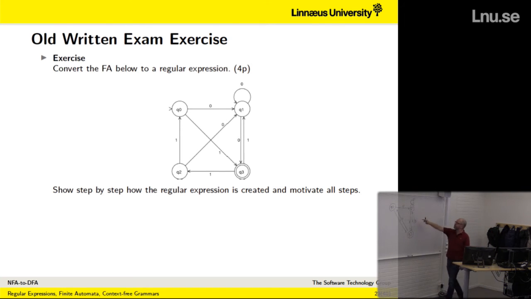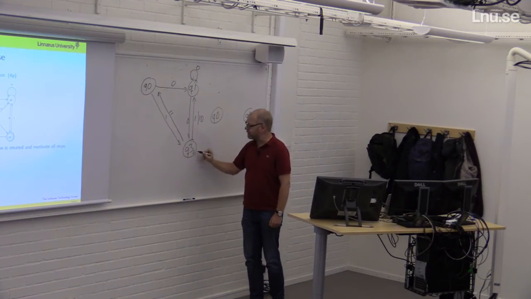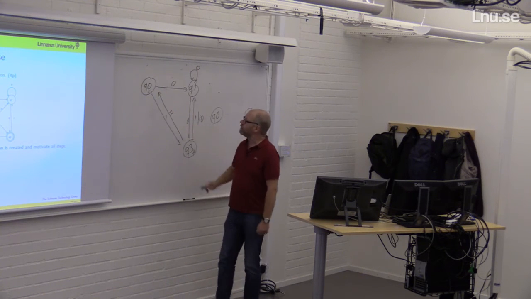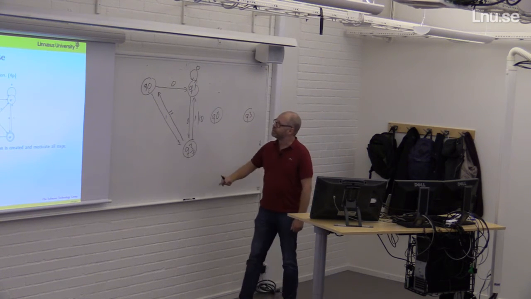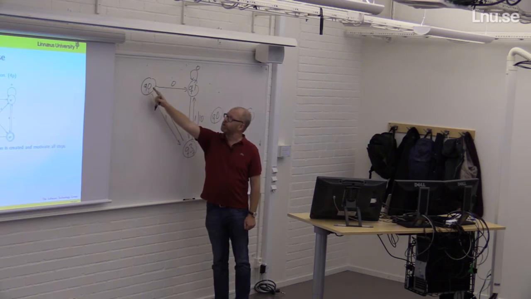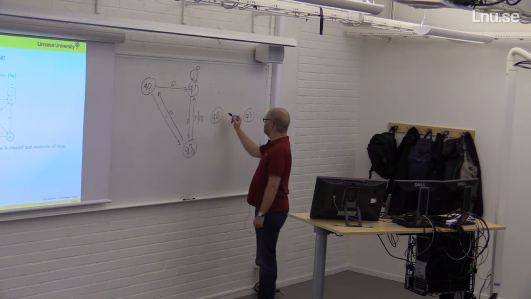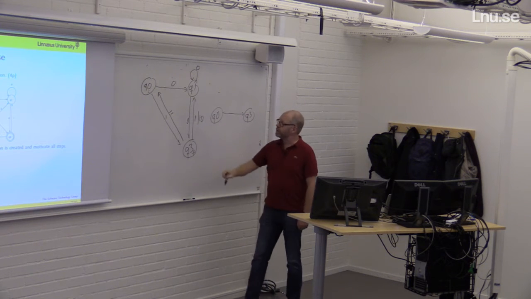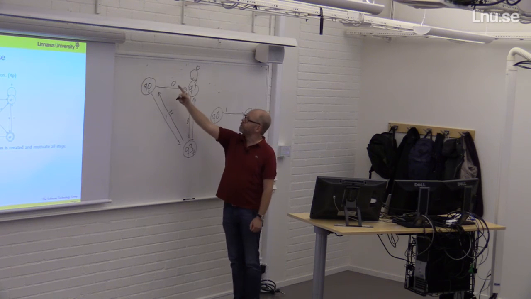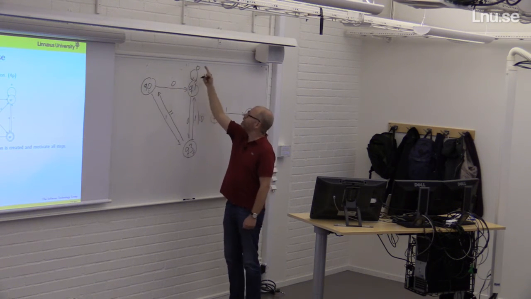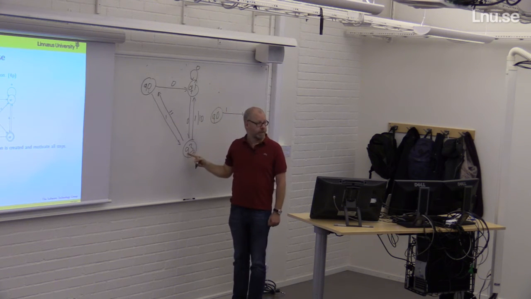The next one to remove is this one. Q0, Q3. This was the final state and this is the initial state. So we should remove all but the final and the initial state. You can go from Q0 to Q1 to Q3 by just seeing 1, or you can do it by seeing 0, any combination of zeros, followed by 0.